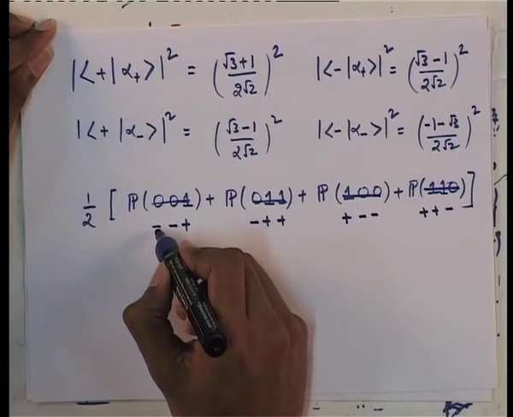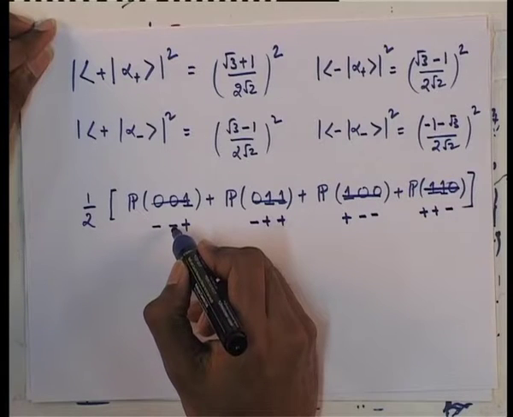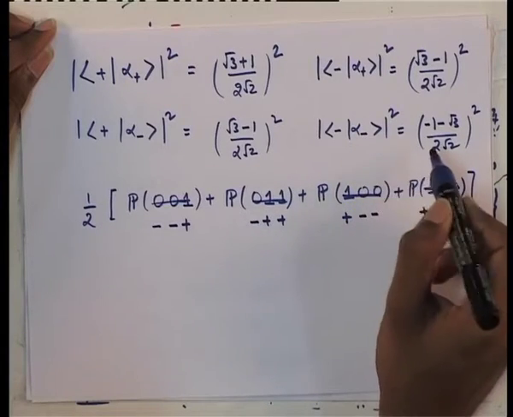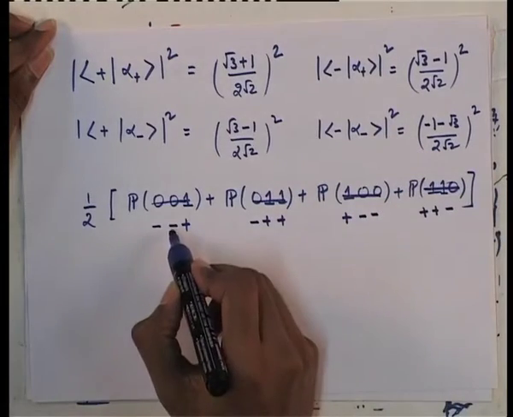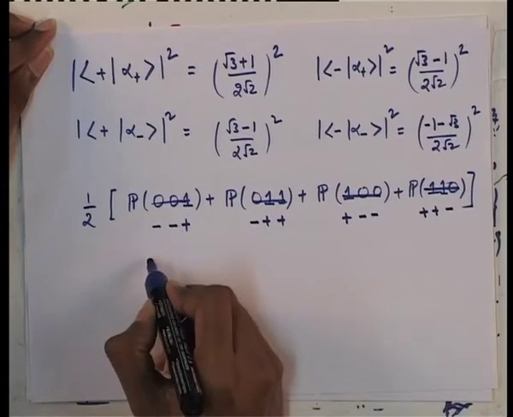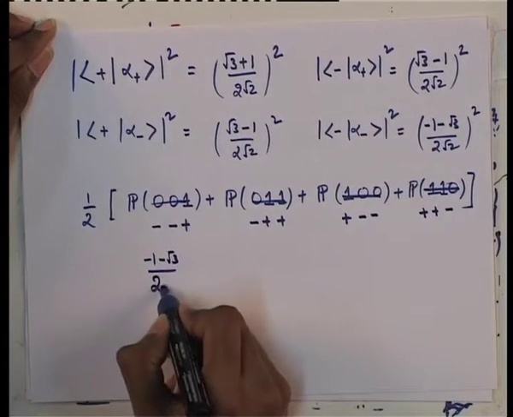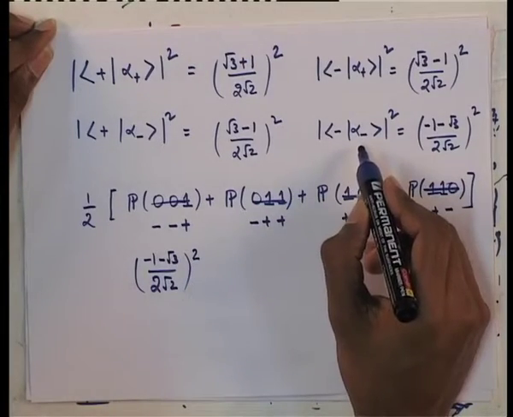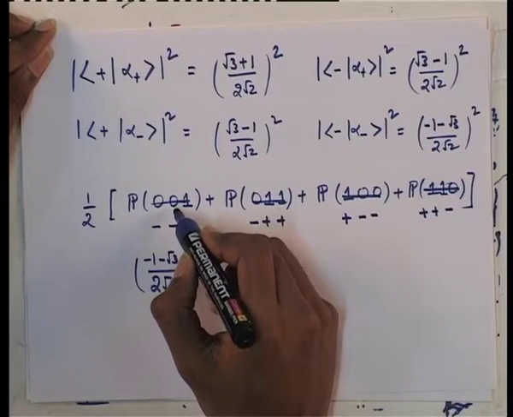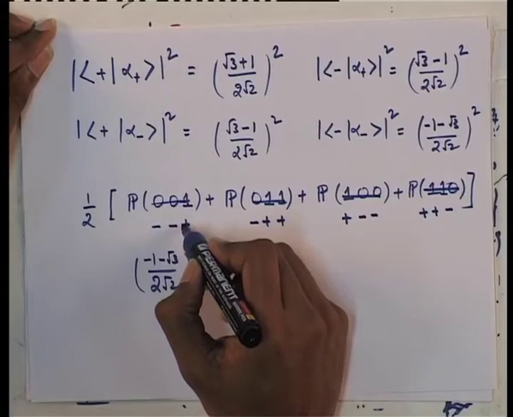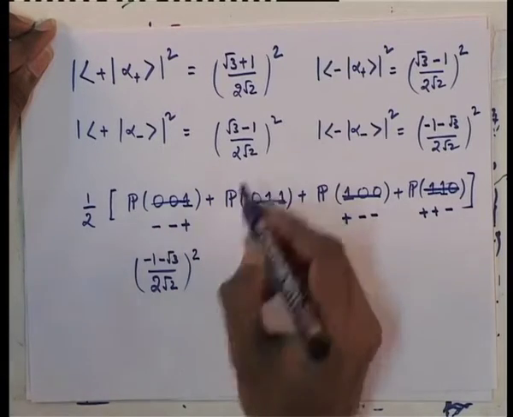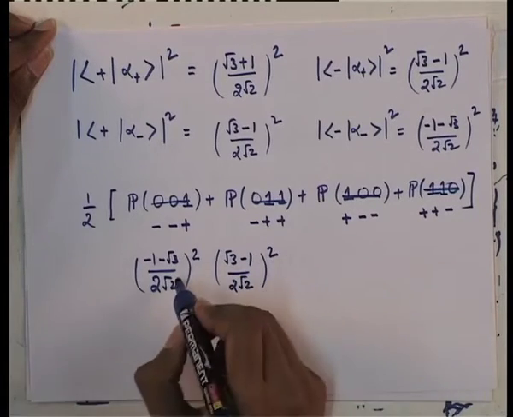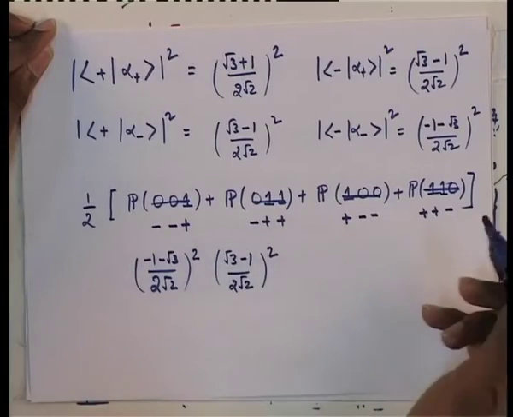So, when Alice sends a minus and Eve obtains a minus, say alpha minus is the basis used, the probability of obtaining a minus by Eve is minus 1 minus root 3 by 2 root 2 square, and after using alpha minus basis by Eve, the probability of obtaining 1, that is plus, by Bob is root 3 minus 1 by 2 root 2 whole square. This is the same term which gets repeated 4 times.